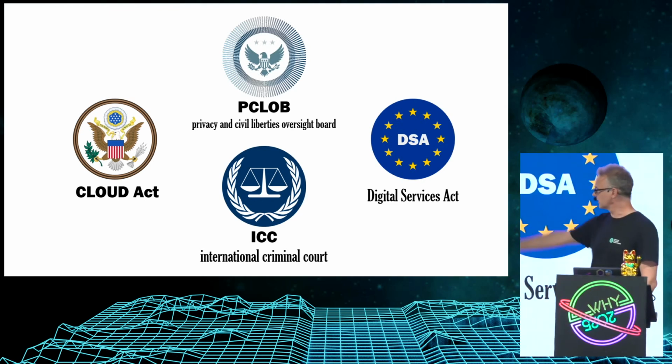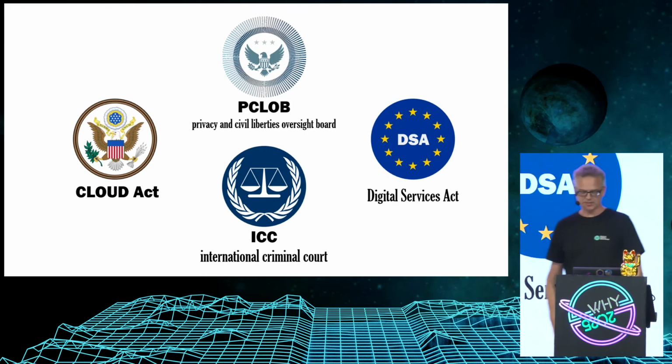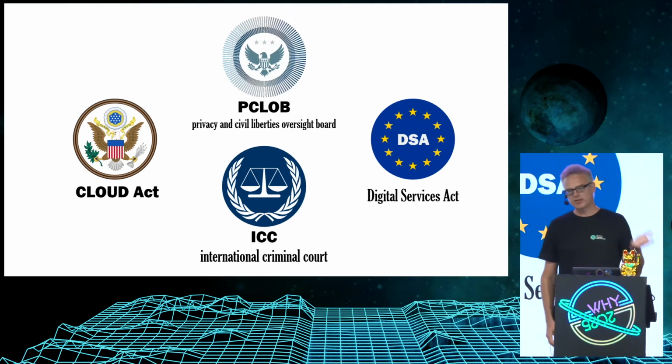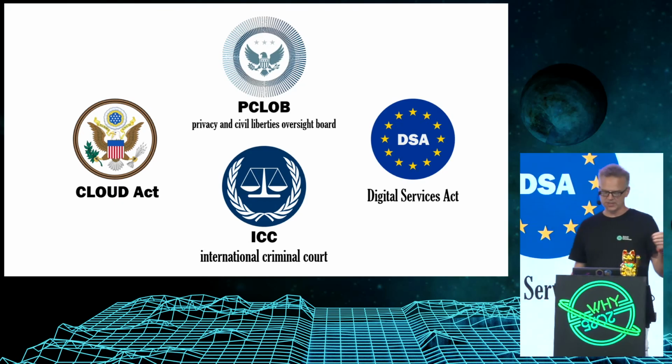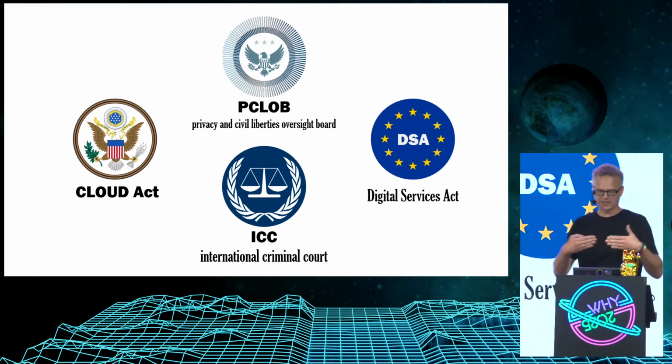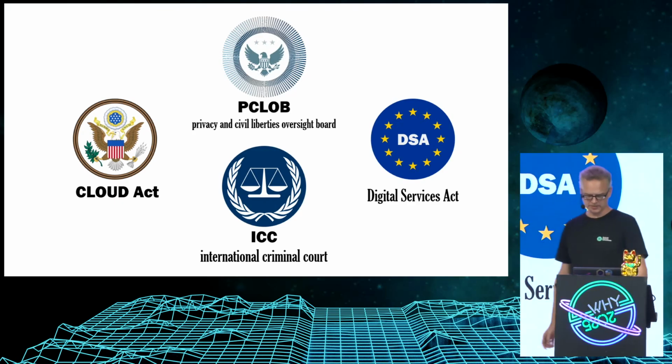For example, the 2018 Cloud Act allows US law enforcement to compel US-based companies to access data stored anywhere globally, including the European Union. This is, of course, in direct conflict with the GDPR.